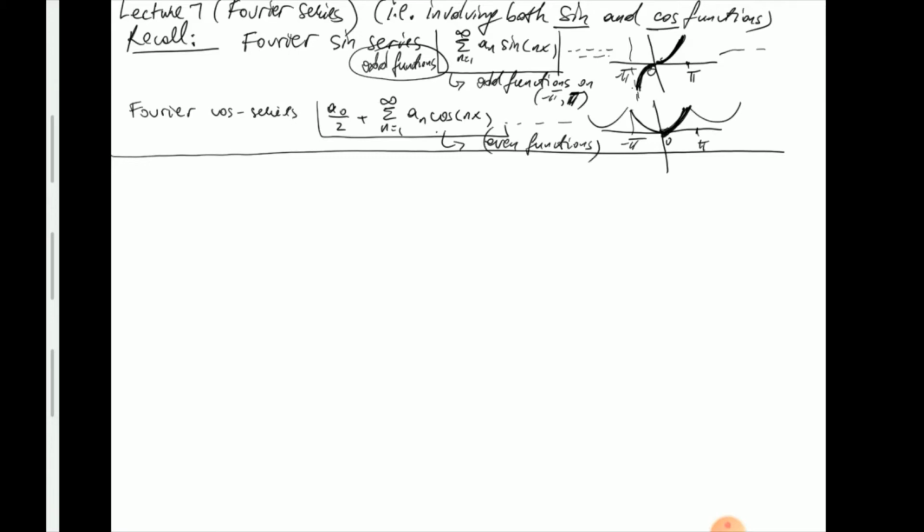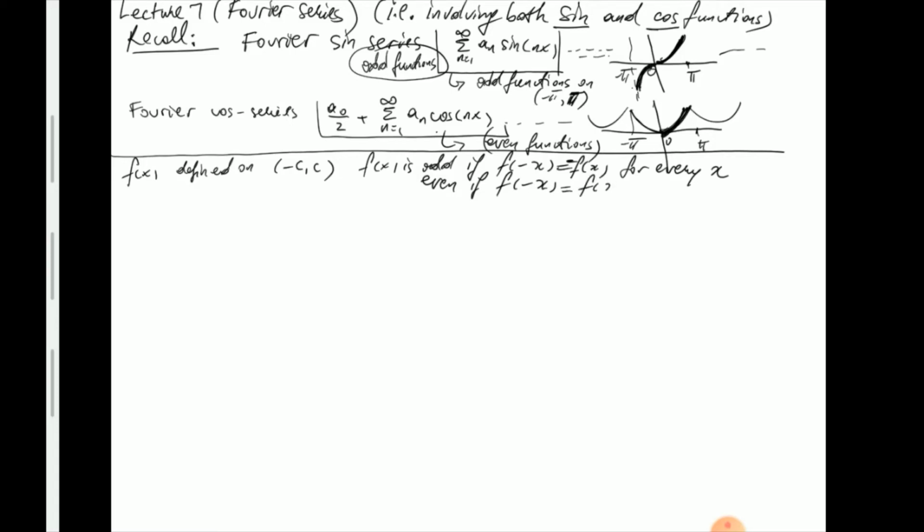And also, as a quick reminder, the mathematical definition for an even or odd function, if you have a function that is defined on a symmetric interval, let's say minus c to c: f is odd if f of minus x is equal to minus f of x for every x, and it's even if f of minus x is equal to f of x for every x in that interval.